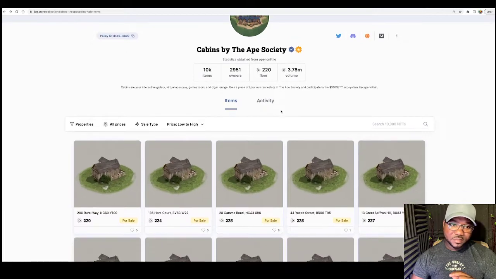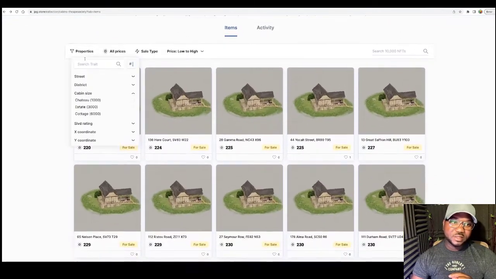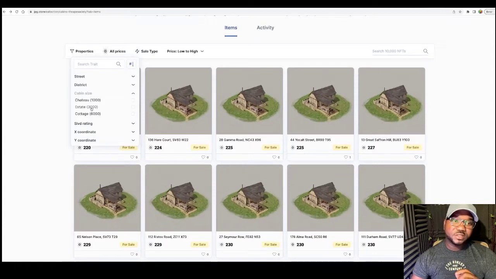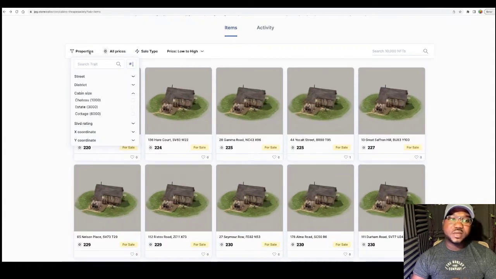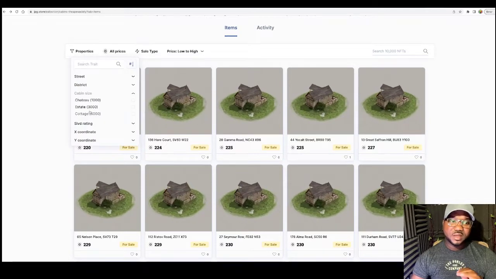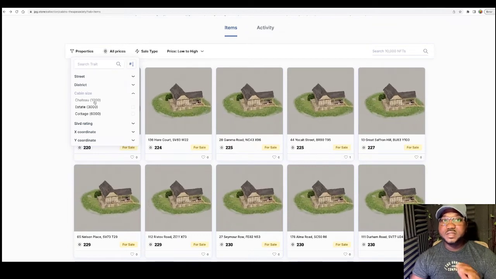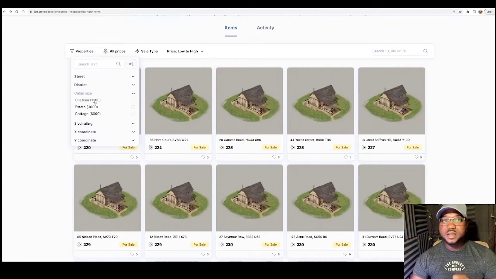And after you type that in and you find the real estate, you can jump into the different properties. You can use the different filters to filter how you want. But I'm just using this to show you the three different types of real estate that you can buy on the Ape Society.